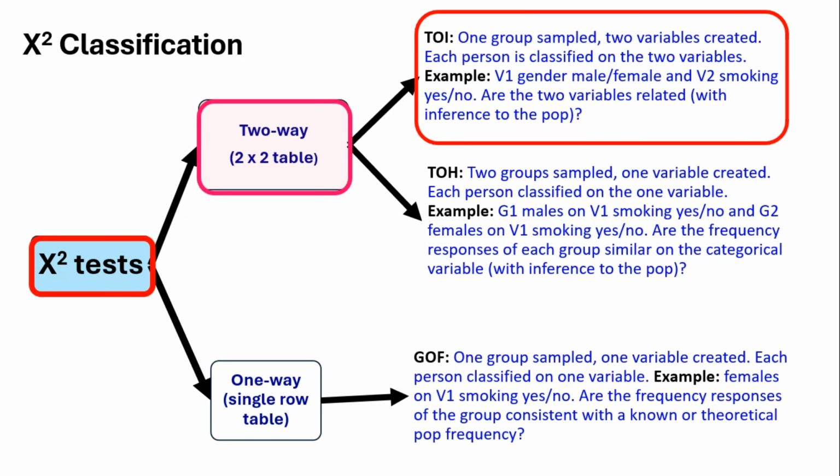And so in this scenario, your research plan is to sample from a population of people that includes both males and females. Each person then that was sampled would answer two questions on a survey, for example. One, are you male or female? And two, do you smoke or do you not smoke?